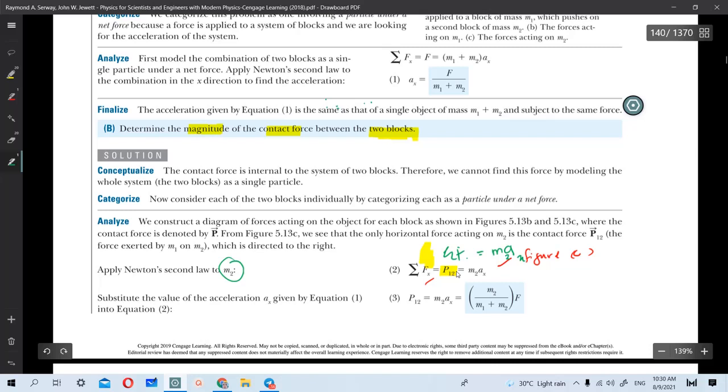So M2 is the resultant. And then look at the free body diagram. What is or are the forces acting along this direction of acceleration? It's P12. So that's how you arrive at this expression.